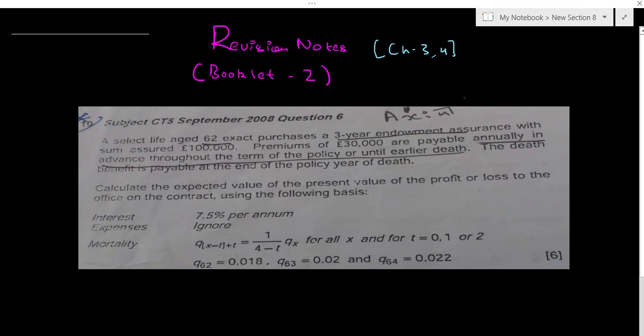Before we start any booklet of the revision notes, this is a must do. You should go to the end of that booklet and there is a section called the fact sheet. There's always a fact sheet given at the end of your revision notes.